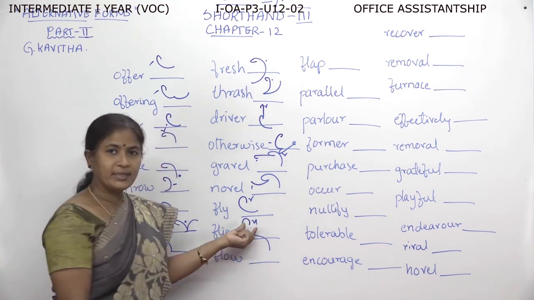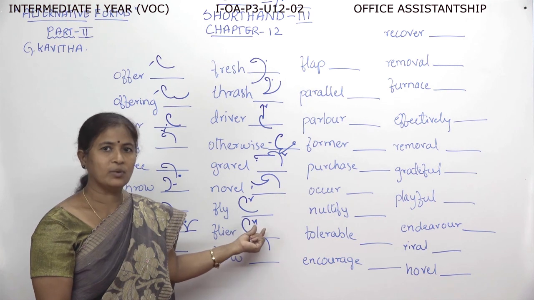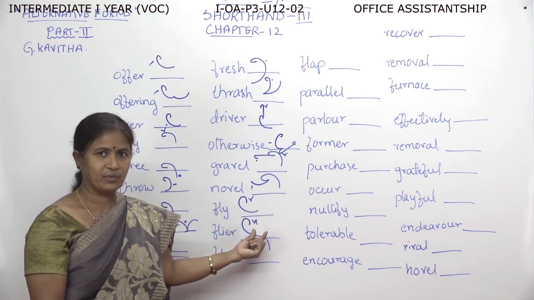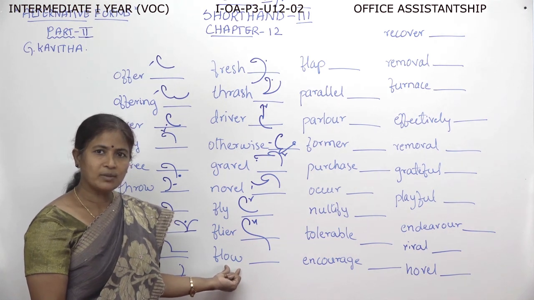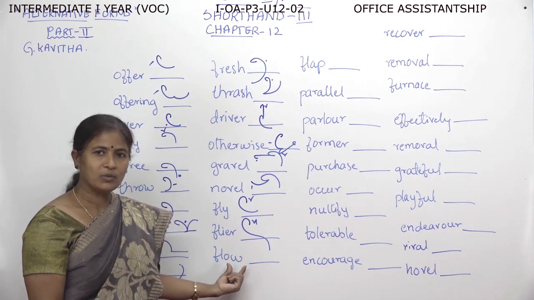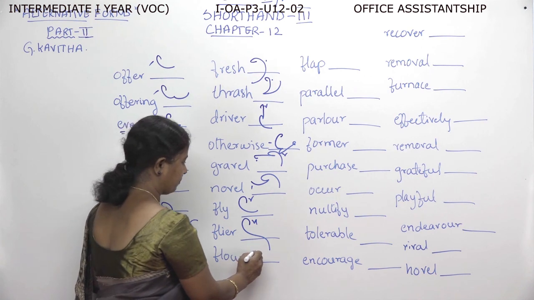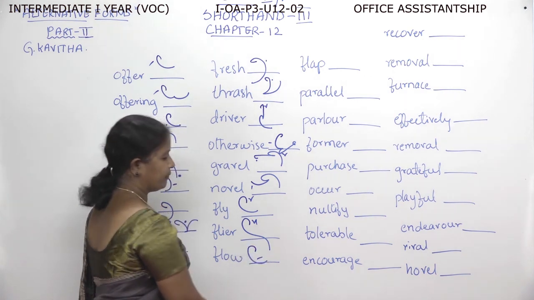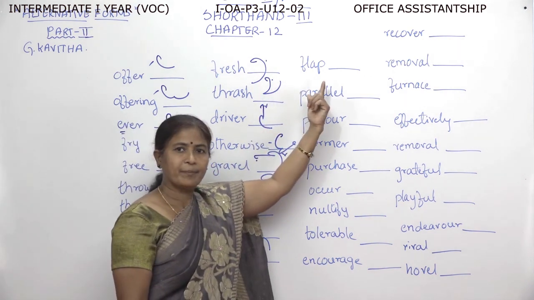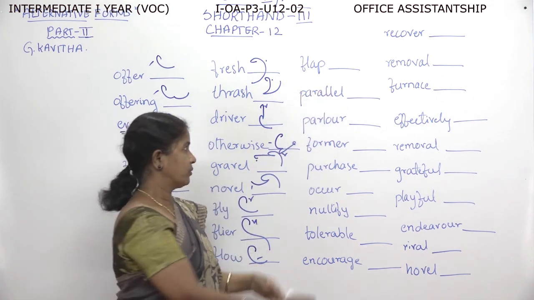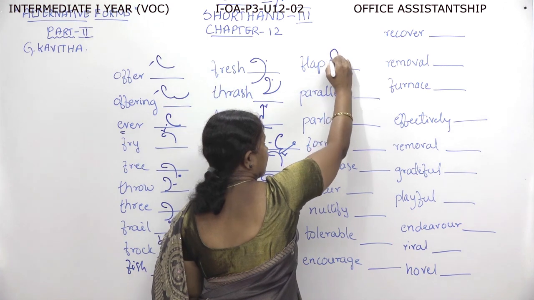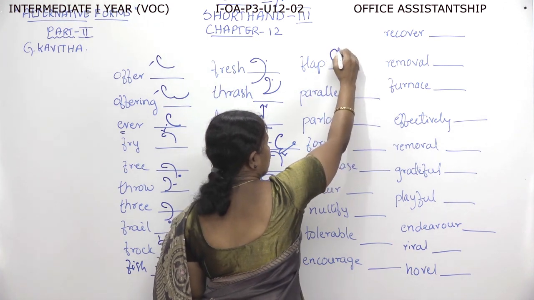Here we hear the sound of a triphone: IA is a triphone, isn't it? Now flow. There's no straight upstroke or horizontal stroke, so we use left forms of fl. Flow. Now flap. There's no upstroke or horizontal stroke, so we use left forms. Fl and P. Flap.